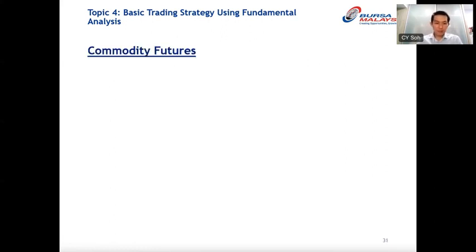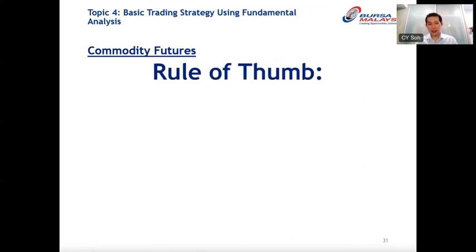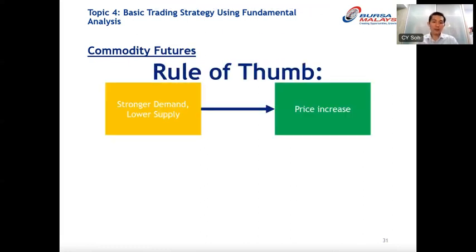Now, for commodity futures, the basic trading rule is this. As a rule of thumb, when the market participant sees or expects the commodity product, for example FCPO, to have stronger demand, or a combination with lower supply in the future, then as an overall impact, the net buyers are stronger than the net sellers, meaning the consumer buyers are stronger than the producers.